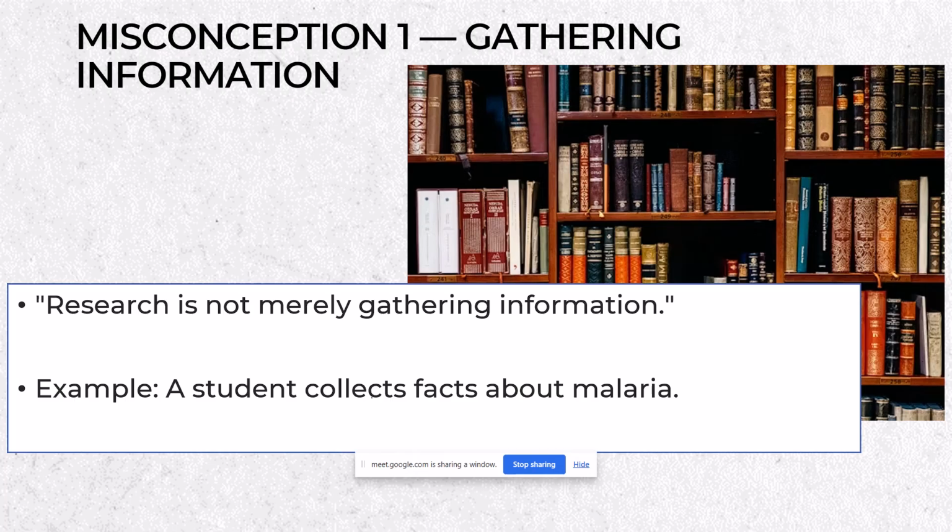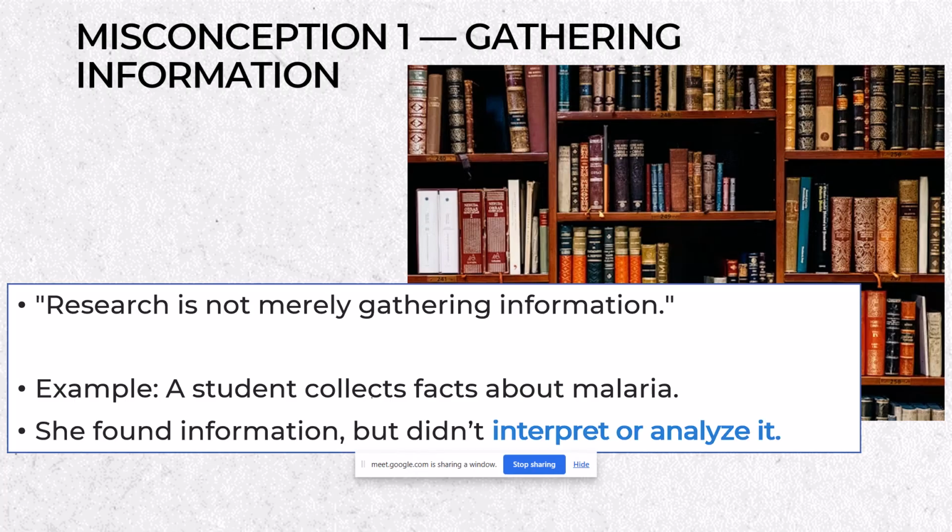Malaria can be prevented. Those are information. If anyone wants this information, he can find it. It means that we have just gathered information, but we didn't interpret or analyze it.